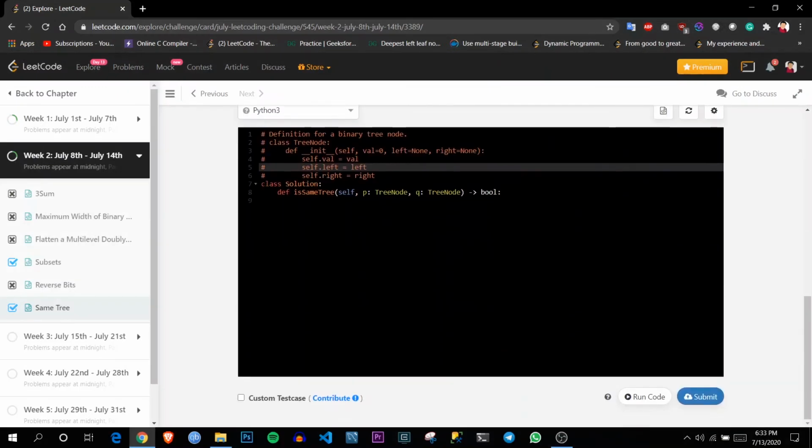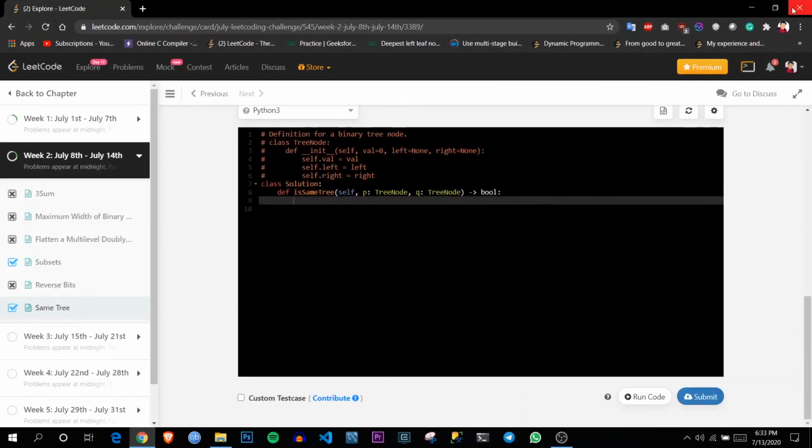So as I explained in the whiteboard, let's code the example I have given over the whiteboard. So first condition which we are going to check is, as I have told also in the whiteboard, if any one of the nodes is null or not. So null is equivalent to none in Python, as you all know.